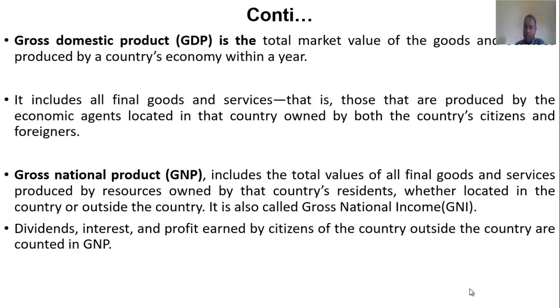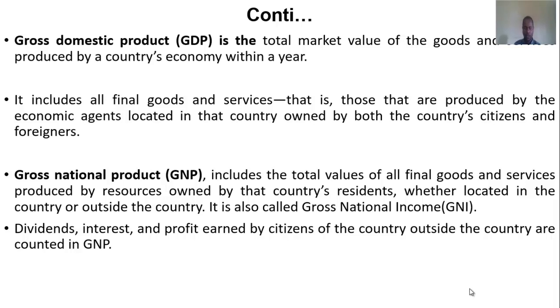Let me take an example: the gross domestic product of Ethiopia includes the total market value of finished goods and services owned by both citizens of the country and by foreigners.